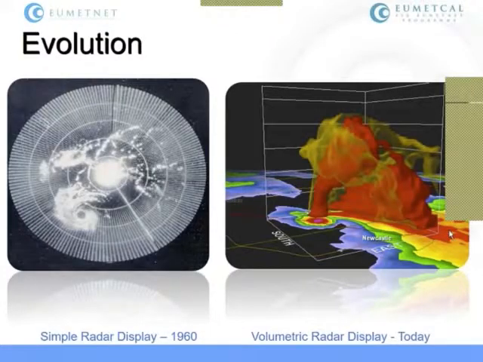Talking about evolution, what you can see on this display on the left is a radar display, and how it was looking in the 1960s. You can see here some shapes, which are actually the echoes from precipitating clouds, and you can see on the right the advance in technology, in processing and software, and visualizing.